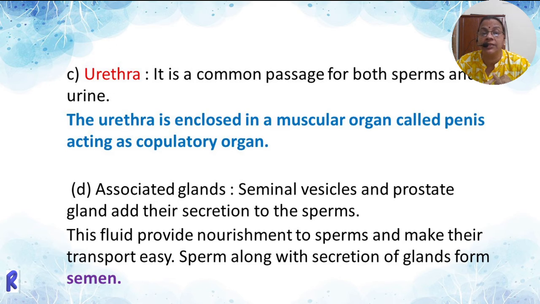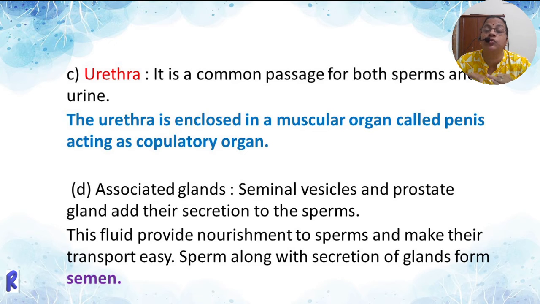The urethra is enclosed in a muscular organ called the penis, which is acting as a copulatory organ. Copulatory organ means the organ which helps in discharging the semen into the vaginal tract of a female. Associated with it, there are many glands we have already discussed. Just to say the names: a pair of seminal vesicles and a single prostate gland.